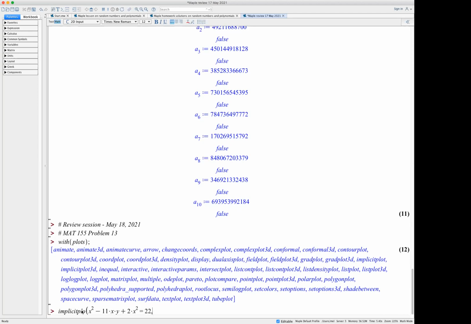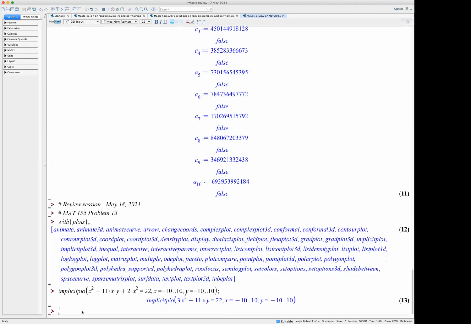And then you need to give a range of values for x and y. So I'll just pick something at random and then I'll change it if I have to. So x goes from minus 10 to 10, and y goes from minus 10 to 10.